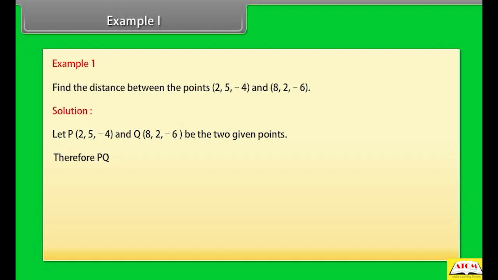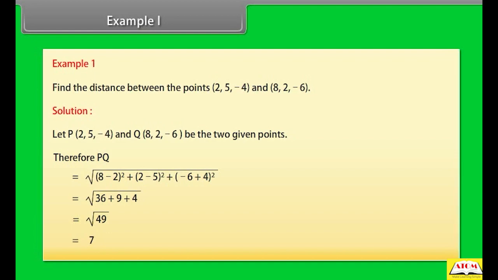Therefore, PQ is equal to square root of 8 minus 2 square plus 2 minus 5 square plus -6 plus 4 square, equal to square root of 36 plus 9 plus 4, equal to square root of 49, equal to 7.